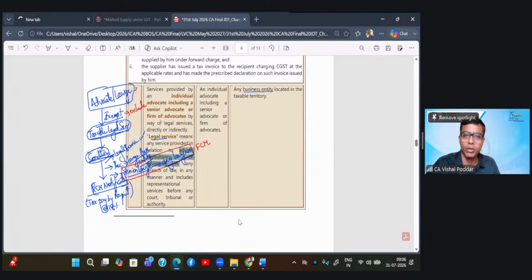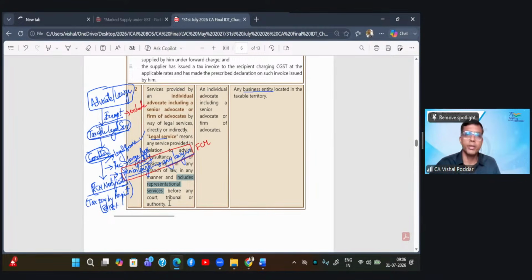He does consulting on the legal matter, or where you require the lawyer to handle your case. So the lawyer is also doing what is called representation service. Representation means, in our words, he or she is fighting your case before any court, any tribunal, any authority.